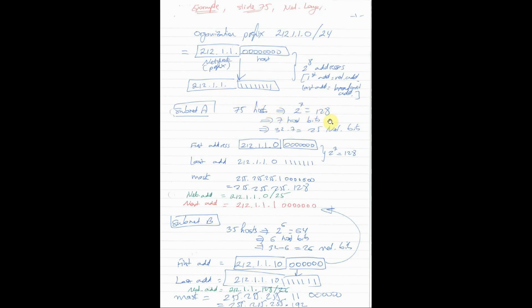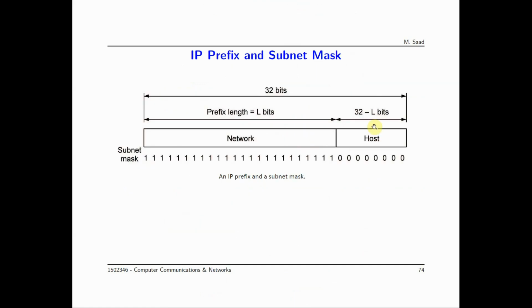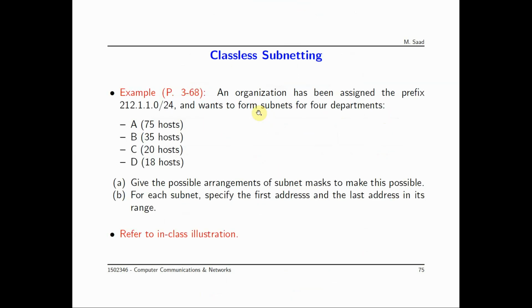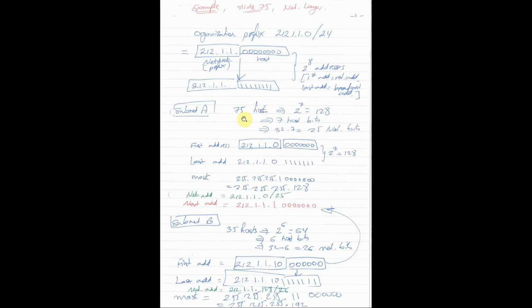Simply speaking, 6 bits was not enough for 75 hosts, so 7 bits have to be used as the host ID for this subnet, which implies how many bits represent the network? 32 minus 7. This is what we do in classless addressing. How many host bits do we need? And then the rest, 32 minus that number, is the actual prefix length, which means the fixed bits representing the network. So from the number 75, we find 2 to the power of 7 is 128, which is the smallest power of 2 that covers 75.